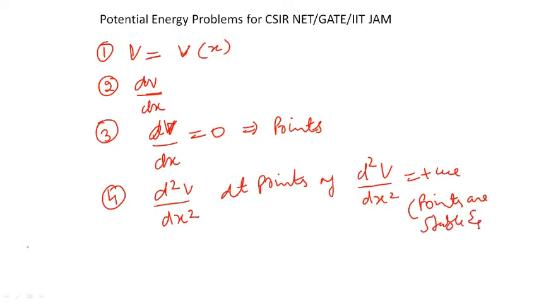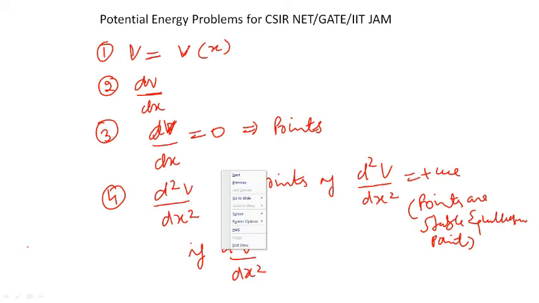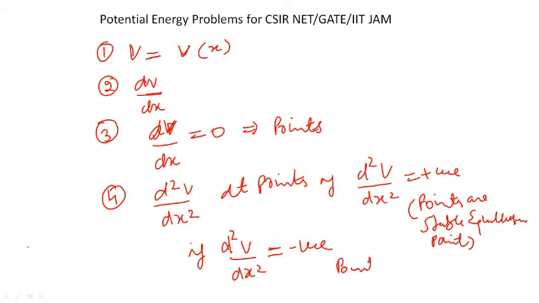But if d2V over dx2 is negative, then the points are unstable equilibrium.